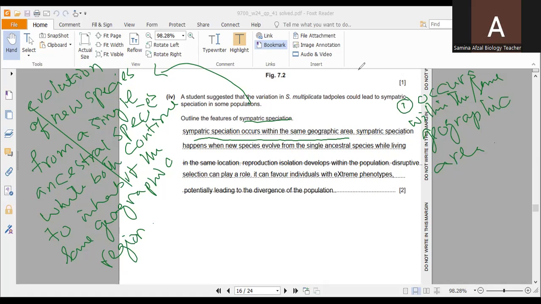And the second feature we can write is that reproductive isolation occurs within the population.